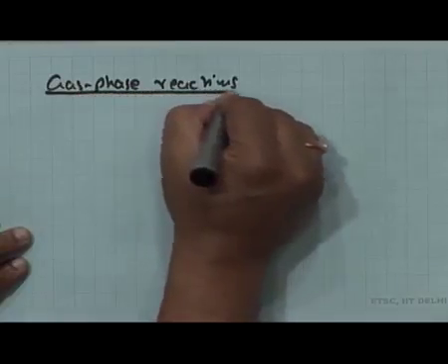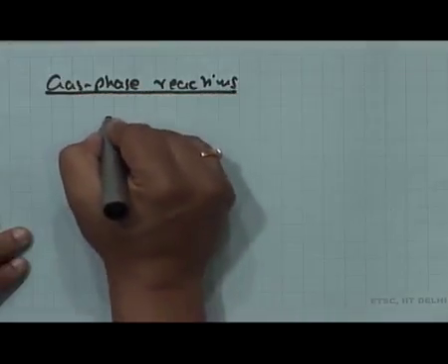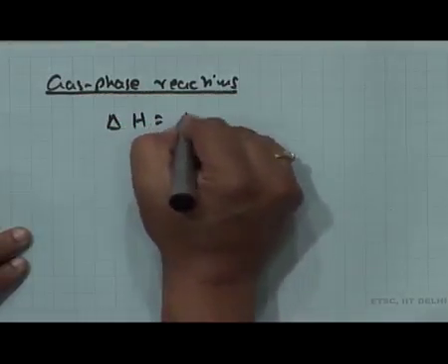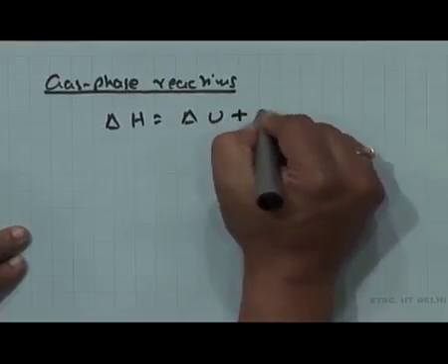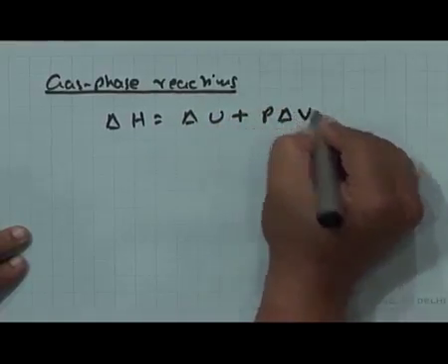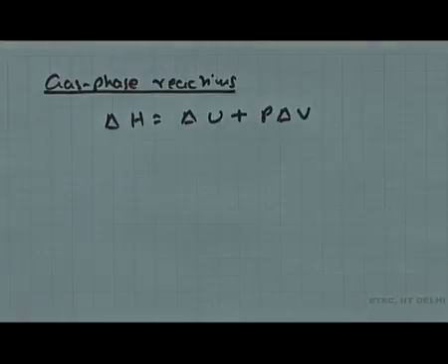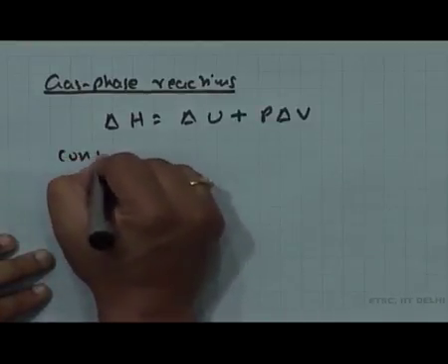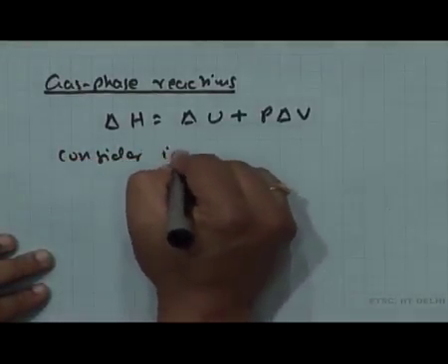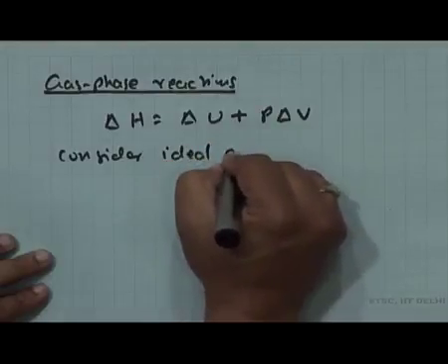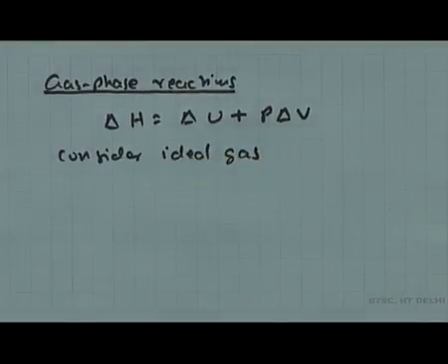reactions, right. Again we start from delta H is equal to delta U plus P delta V. Now, remember we had said that pressure was constant. Let us consider ideal gas behavior for the gas molecules.